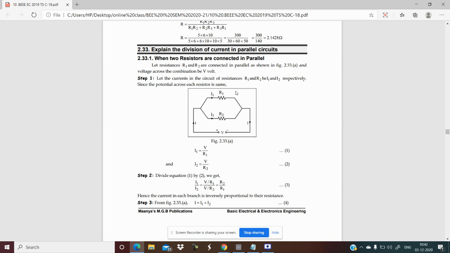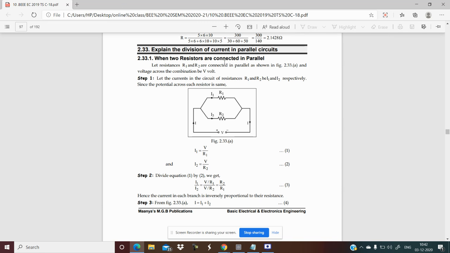Okay, good morning, students. So now we will see the division of currents in a parallel circuit. When two resistors are connected in parallel, we will consider two resistors, R1 and R2, connected in parallel as shown in the figure, with the voltage across the combination.